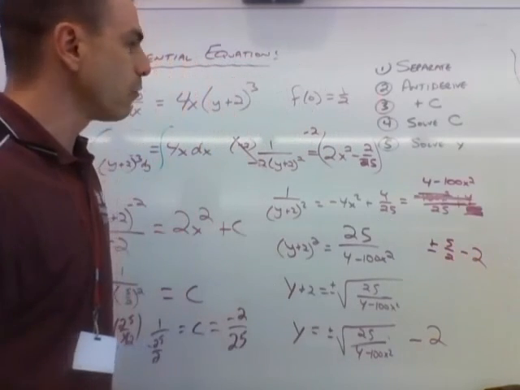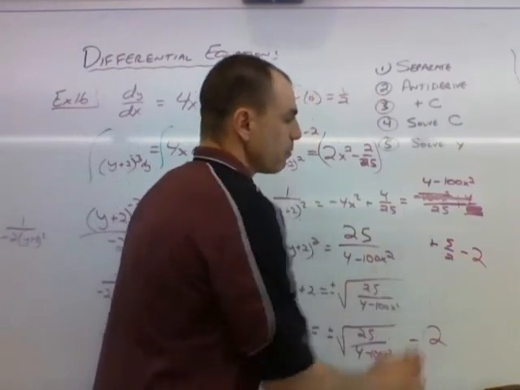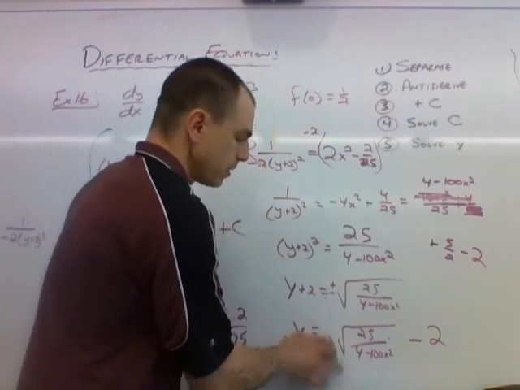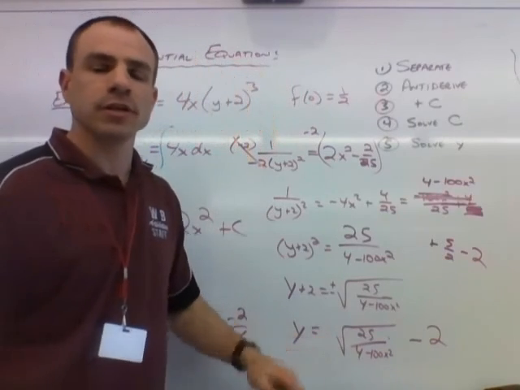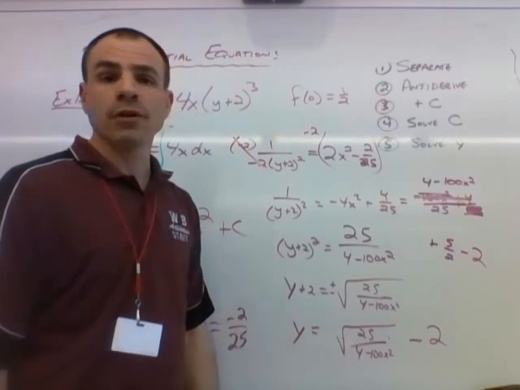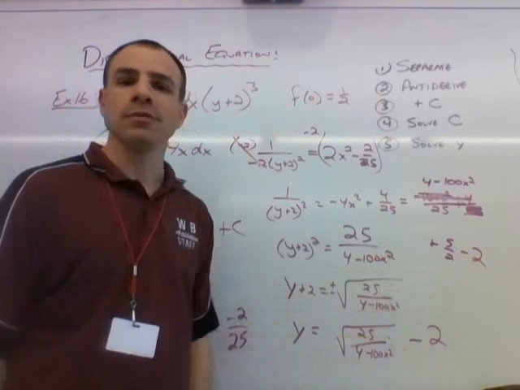Well, we want our answer to be a half, and 2.5 minus 2 is a half, which means we want the positive version of the radical, so we can eliminate the plus or minus. We just have the square root of 25 over 4 minus 100x squared, minus 2. That's our answer.